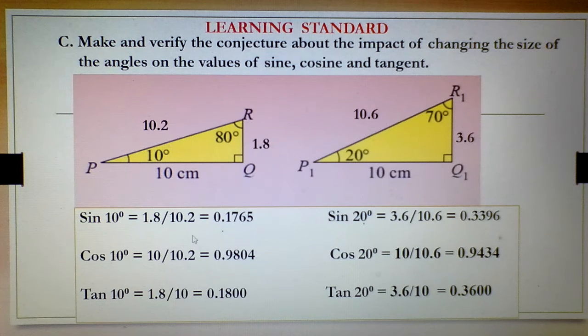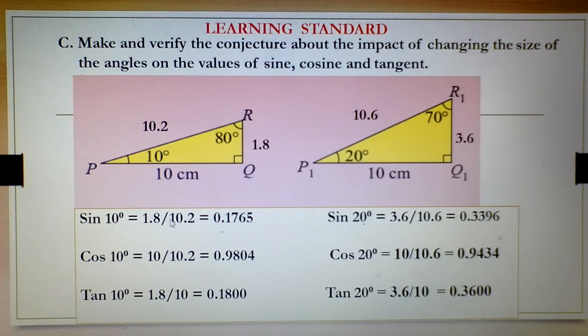Okay, so now we look at the value. Sine 10 degrees equivalent to 1.8 per 10.2, so equivalent to 0.1765. This one you use your calculator to calculate. Use sine, sine 10, so you get the value. Okay, sine 20, 3.6 divided by 10.6. So you can use the formula SOH CAH TOA just now.